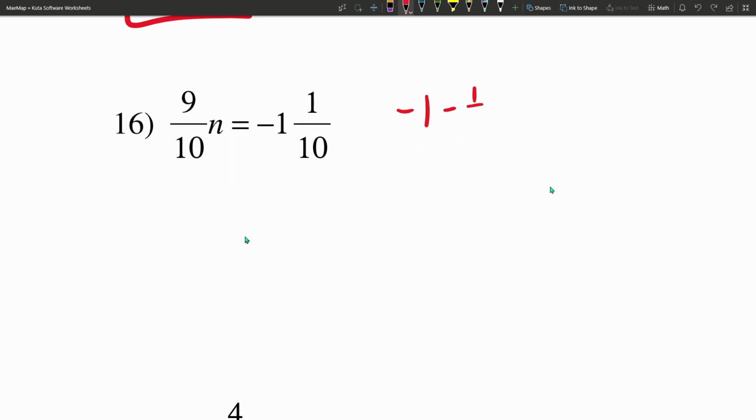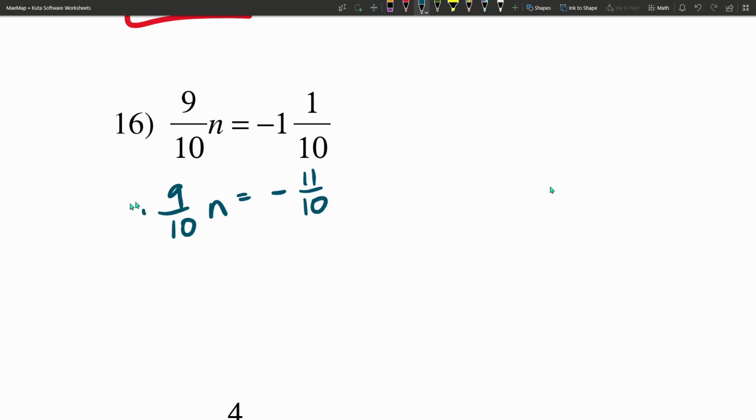Or what I'm going to do is just convert this to an improper fraction right off the bat. In order to get a negative 1 in terms of tenths, that's a negative 10/10. And if I have a negative 1 with that, that's negative 11/10, which is negative 1 1/10. So I'm going to rewrite this as 9/10 n equals negative 11/10.